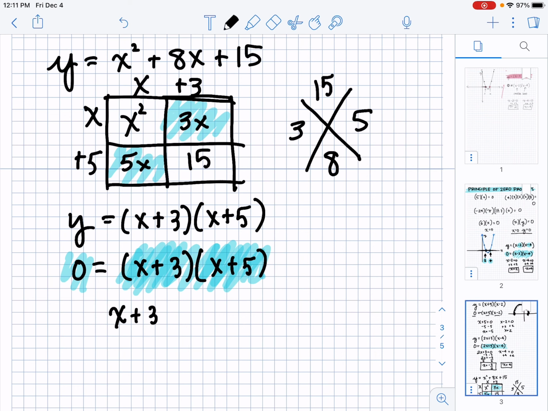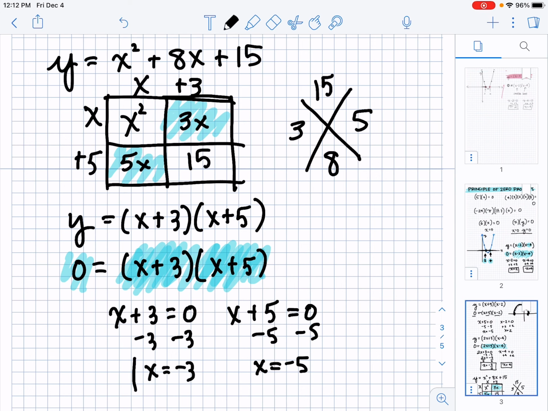X plus 3 equals 0, or x plus 5 equals 0, and we solve both. Subtract 3, x equals negative 3. Subtract 5, x could be negative 5. And so our answers are, the x-intercepts are negative 3 and negative 5, both of them.